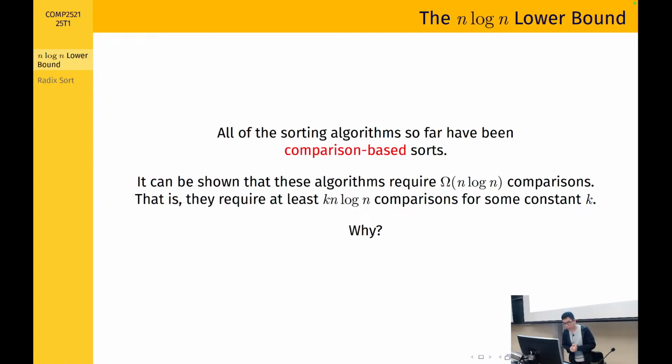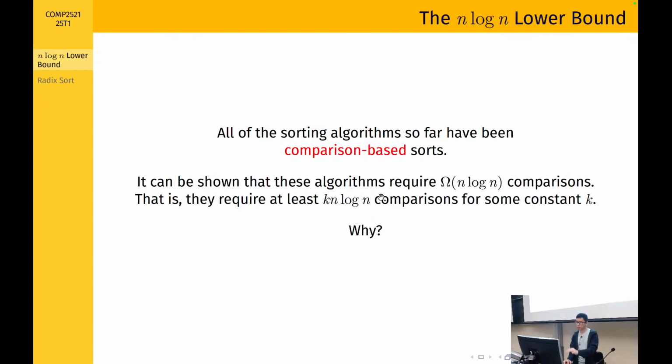And what we can show is that these algorithms require big omega of n log n comparisons. So this is the only place you'll see big omega, and you don't need to worry about what it means.